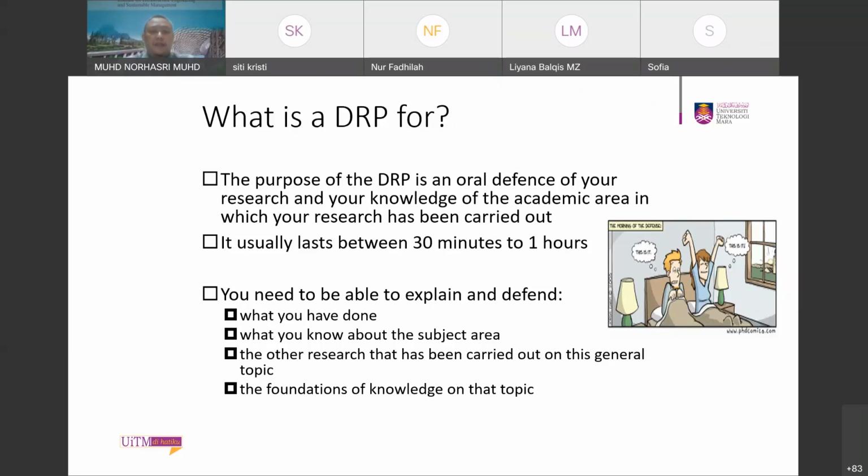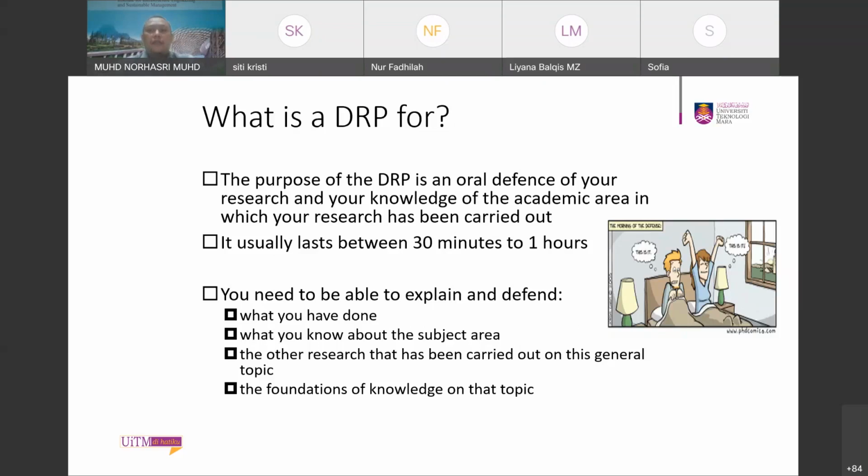That is the role of examiners or panels. So the first thing, as I stated in this slide: just prepare yourself during the DRP. Tell what you have done, your area, past researches and foundation knowledge.